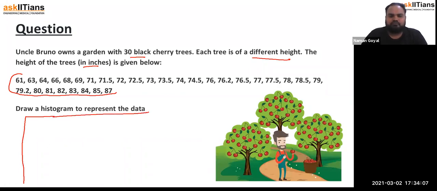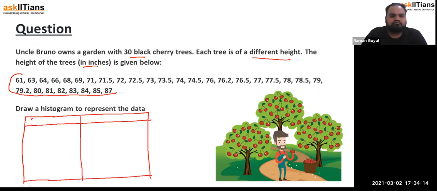So there is a class interval and frequency. We are going to start with 60 to 65, 65 to 70, then 70 to 75, then 75 to 80, then 80 to 85, and 85 to 90.